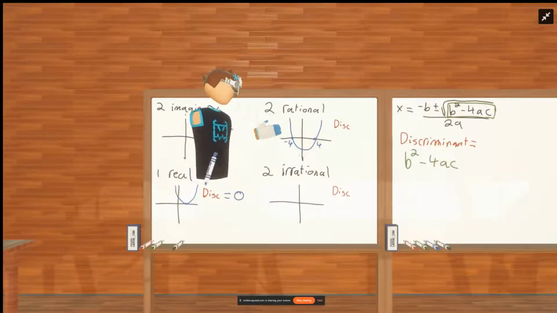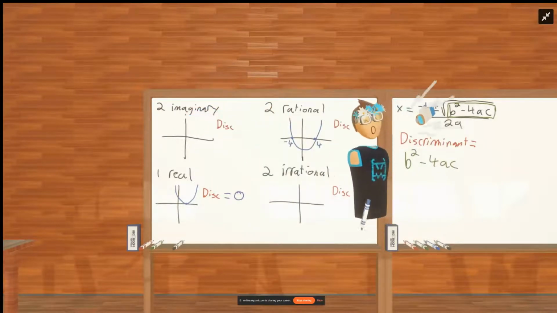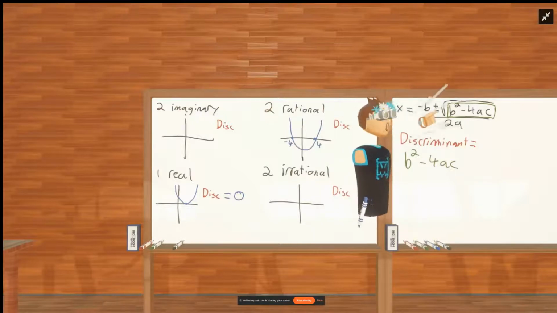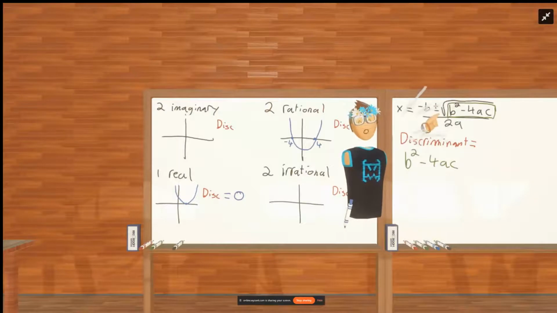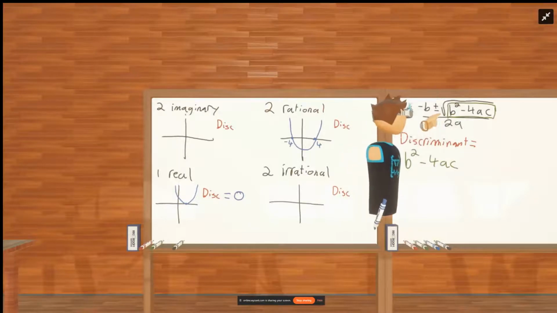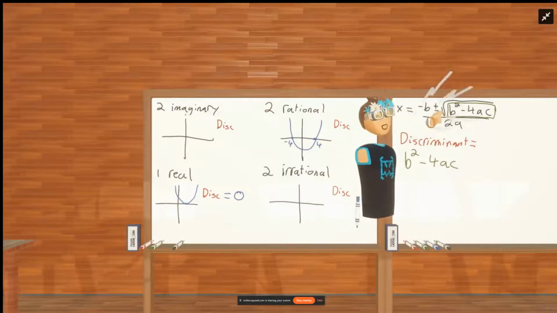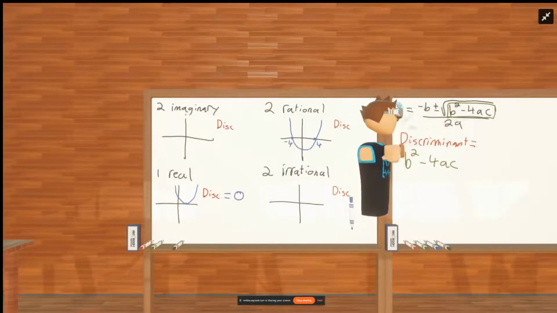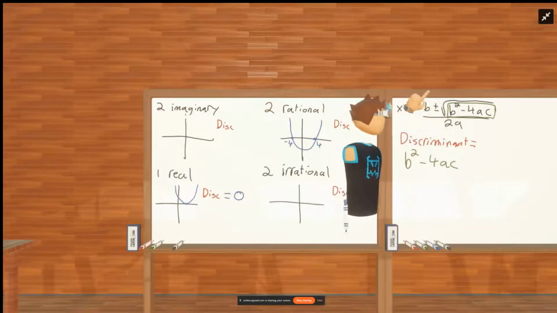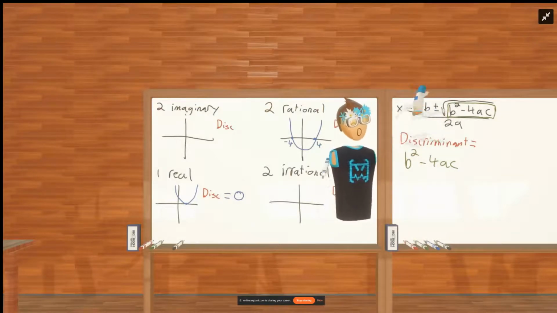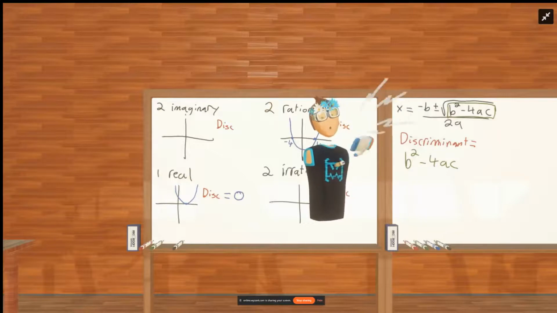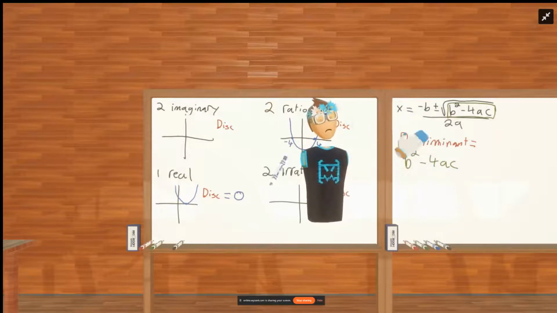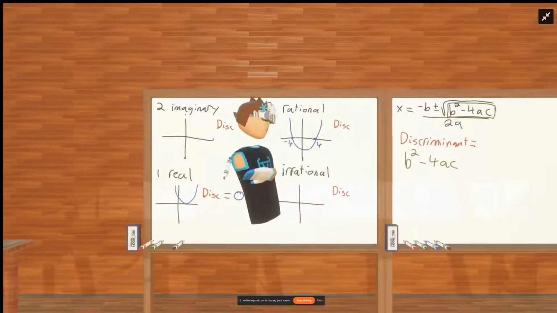Well, if we come back to our discriminant, we have this square root in our quadratic formula. And if we're not careful, we're going to get a square root in the answer. What does being careful mean? Well, it means that we have to make sure that the discriminant is a perfect square, such that when you take the square root, you get a rational number, not some kind of radicalized number.